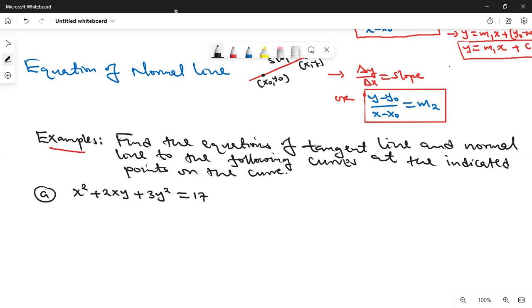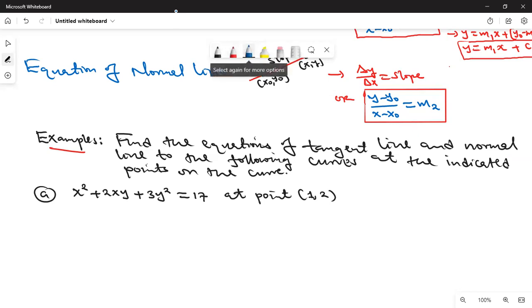And the point here is (1, 2). So let's see how to find those two equations.